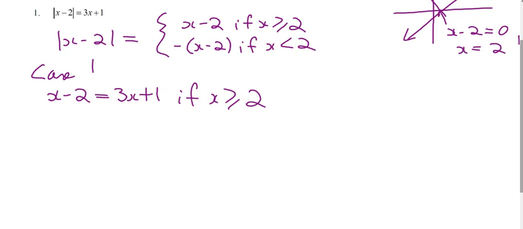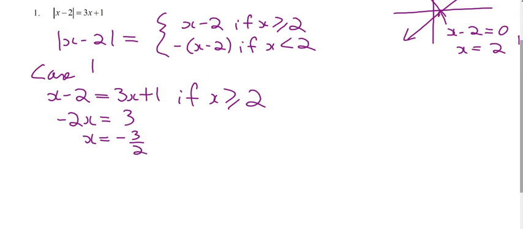The question is, is it a valid answer? All right, so is it valid? What do we end up with here? Negative 2x is equal to 3. So x is negative 3 halves.